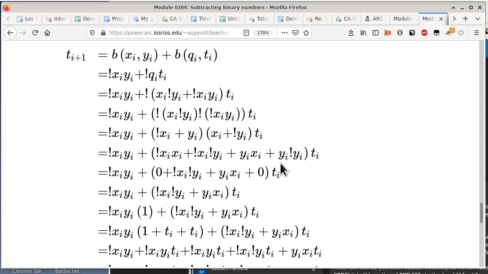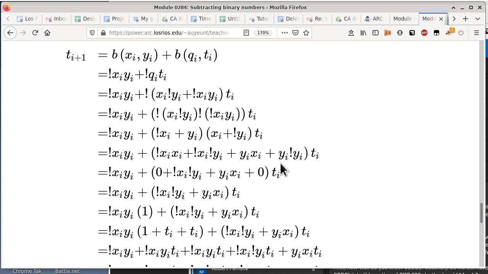It's just the case that is different. The second row is just expanding the b function. Negate the first one and the second one. This one here is just expanding Q of I. So Q of I is the exclusive OR between x and y, and this is the long way to say exclusive OR.